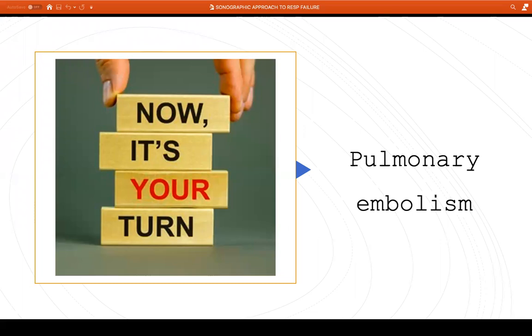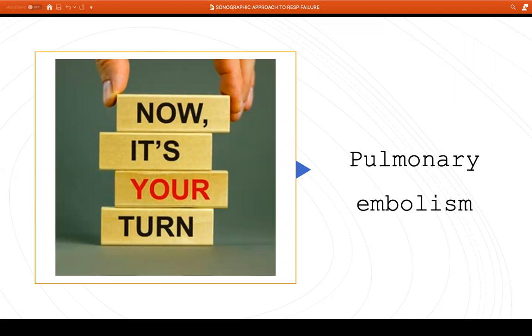Now let us see from the pathophysiological aspect what the findings can be in pulmonary embolism. In pulmonary embolism, the pleura is normal. There is presence of parietal and visceral pleura, so there should be lung sliding because the underlying lung is moving. The underlying lung is properly aerated, so we will get an A pattern.